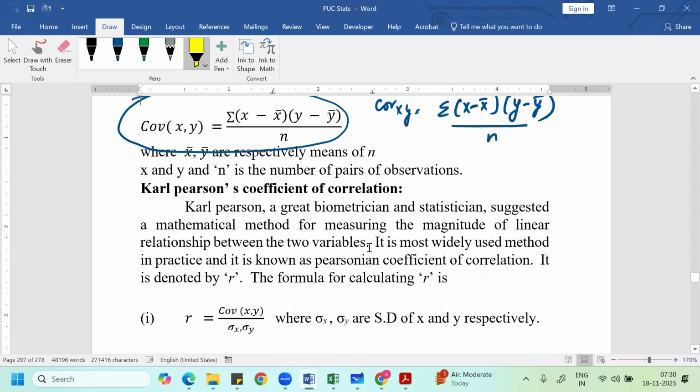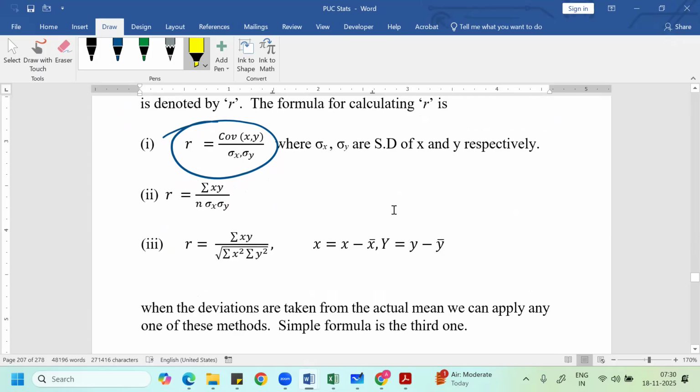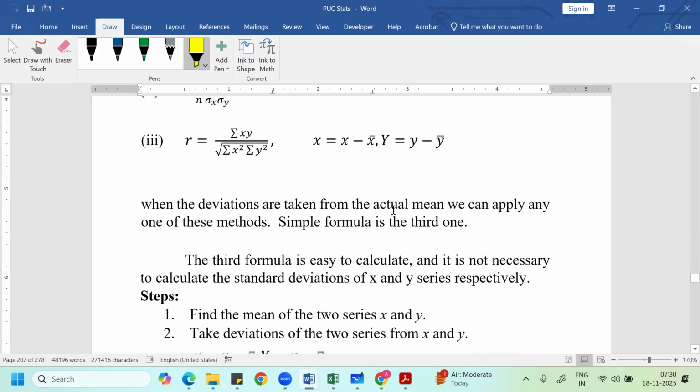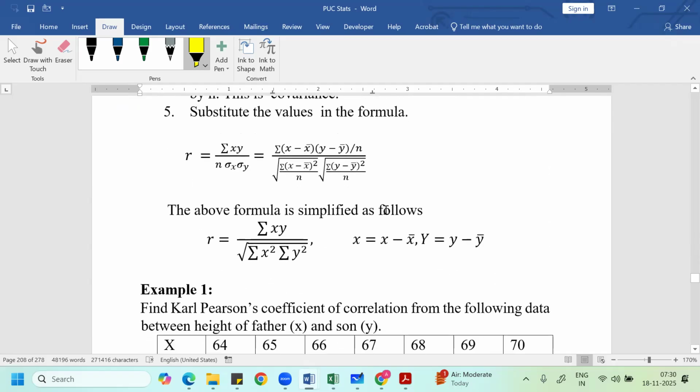One of the methods we use to find the correlation coefficient between two variables is called Karl Pearson. So this is the relationship I told you: R, the correlation coefficient, is nothing but the covariance between the two variables divided by the standard deviation of x and the standard deviation of y. So by using this method we find the correlation coefficient between the two variables.